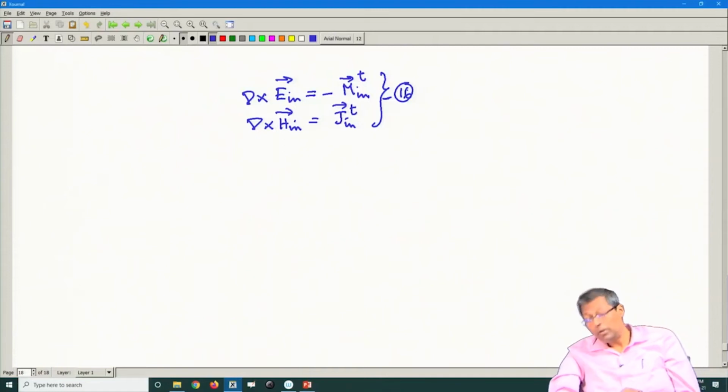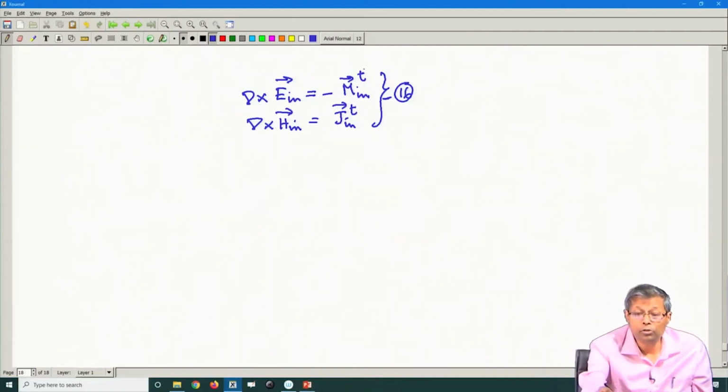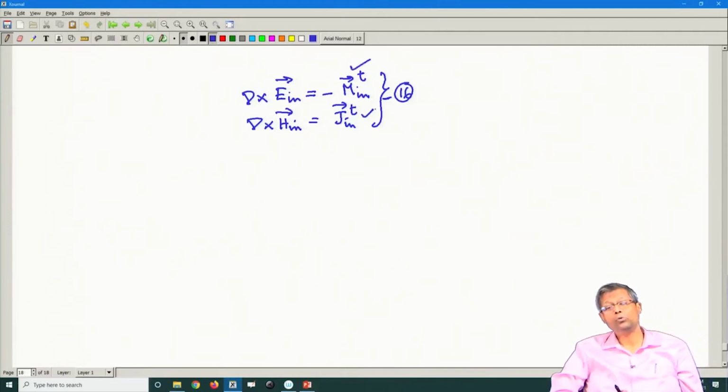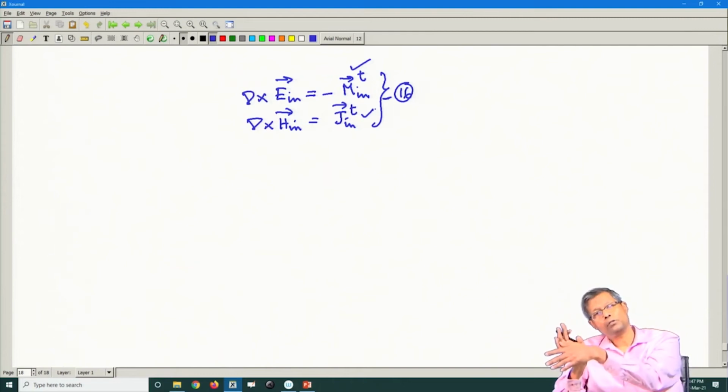This means that we have now expressed Maxwell's equations in terms of the generalized currents M in total and J in total. M in total contains the compressed term composed of the displacement magnetic current and the impressed magnetic current.